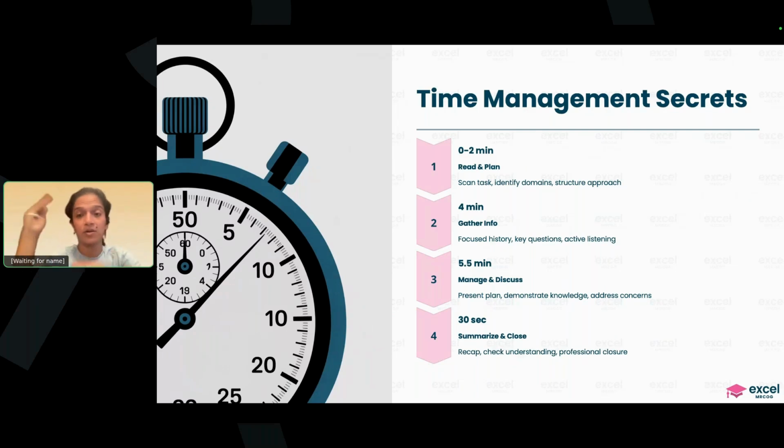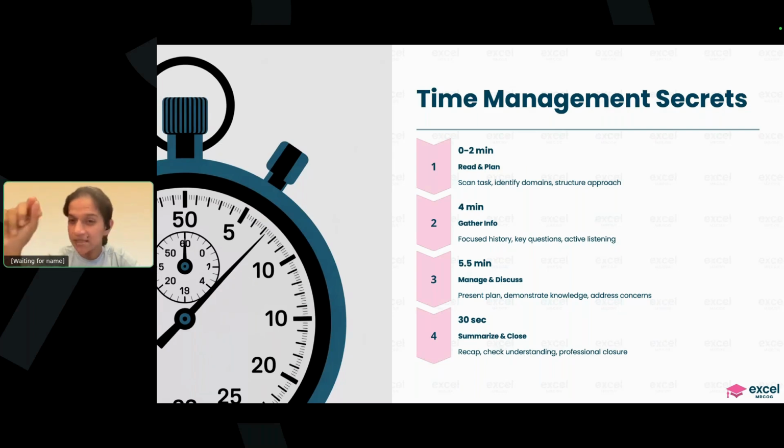At least for me, I could not think of all the points I'm going to say in the 10 minutes. In 2 minutes, I cannot do that. I need that time to register what is given to me. I read the task in the first few seconds, and in the next 1.5 minutes, I'm trying to process the information. That is what I'm doing in the 2 minutes.